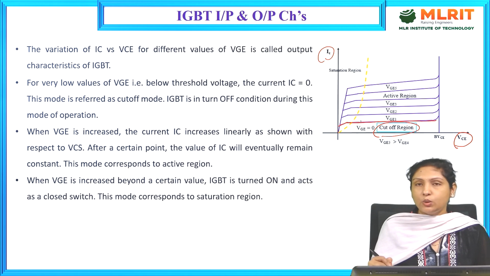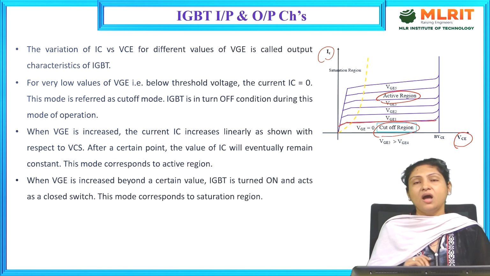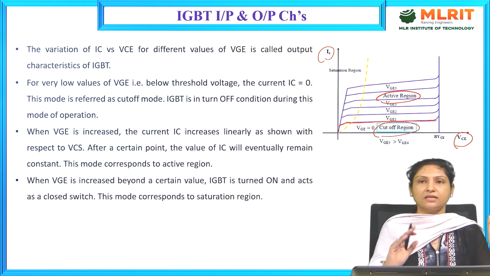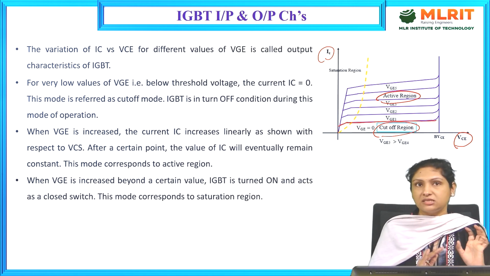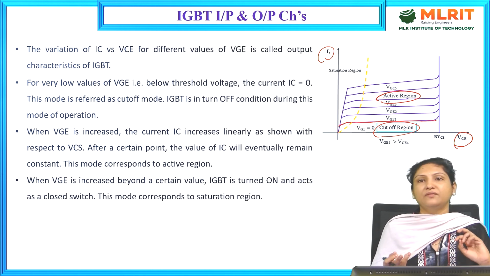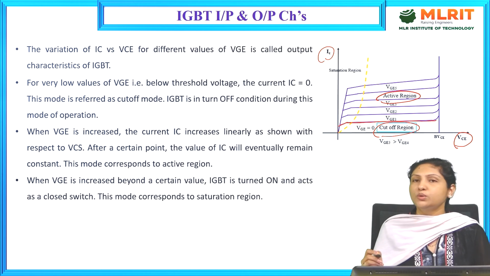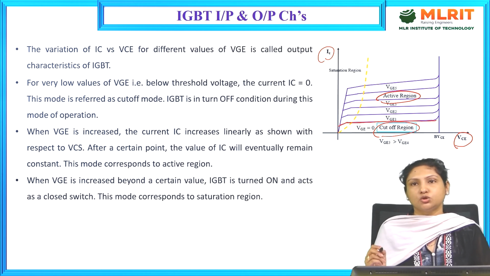As the gate to emitter voltage is increased, collector current increases and almost becomes constant at a particular point, and that we call the active region. This active region is especially designed for the transistor to operate in the amplification mode, and that we usually don't use in power electronics.